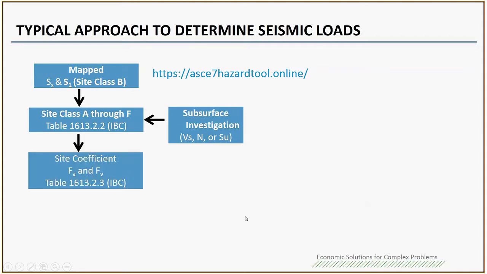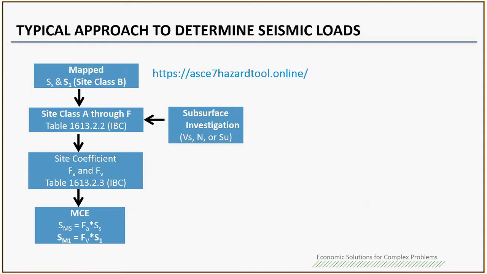Then, based on table 1613.2.3, you can determine the site coefficients Fa and Fv. And you follow the code steps, then you can get the ground surface MCE level SMS and SM1.